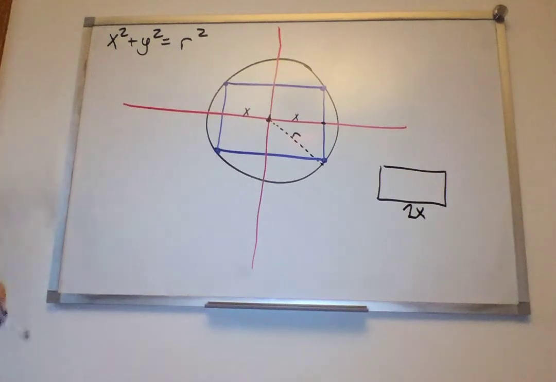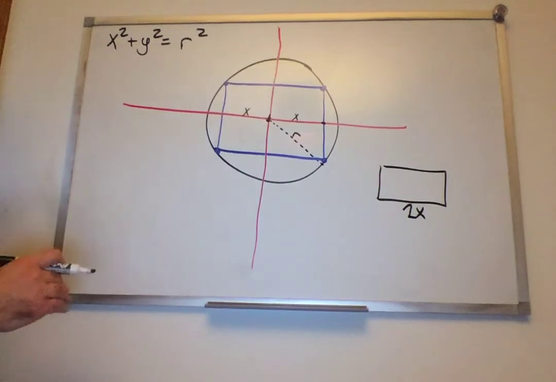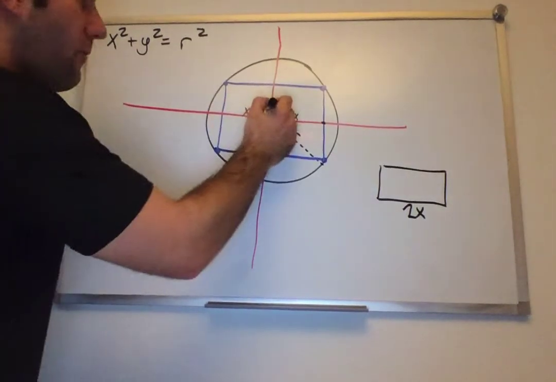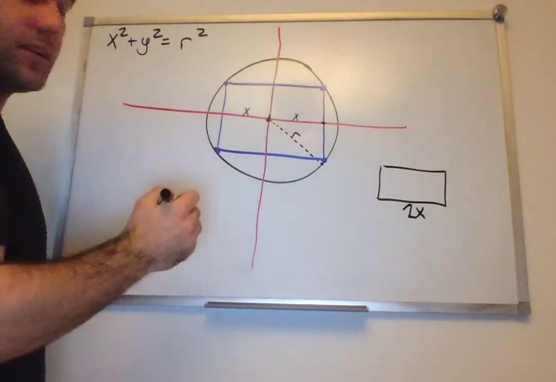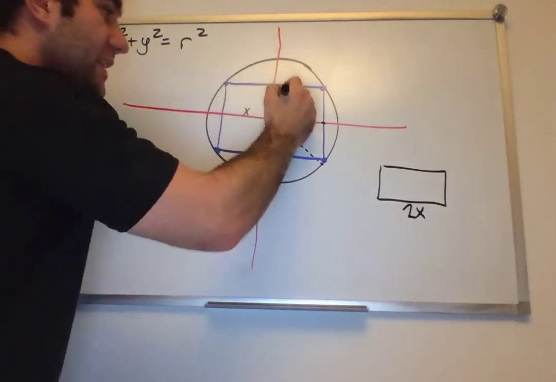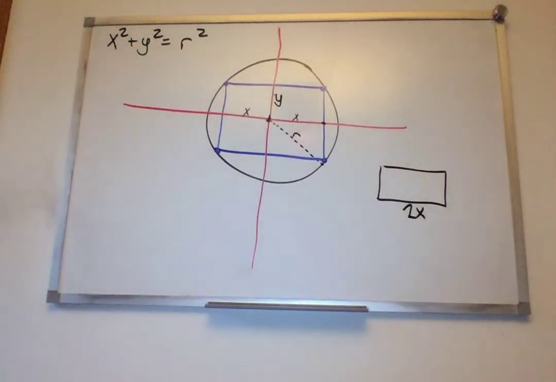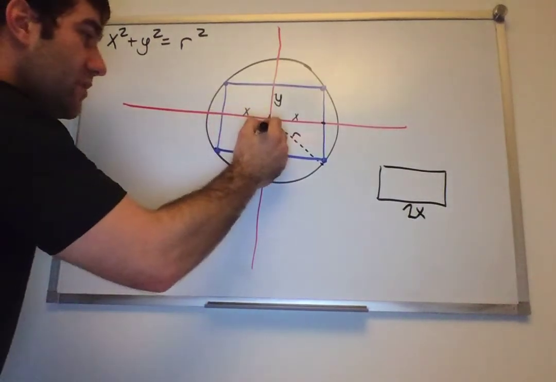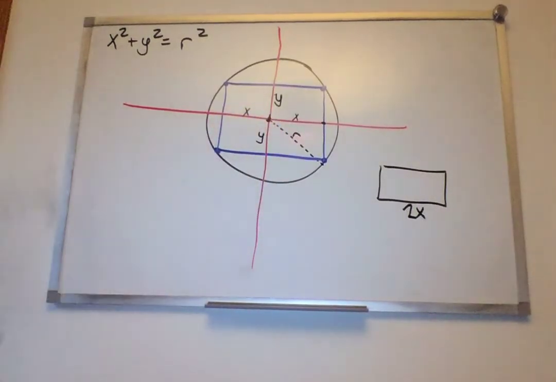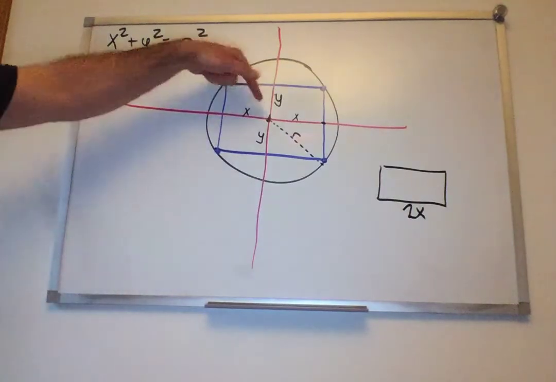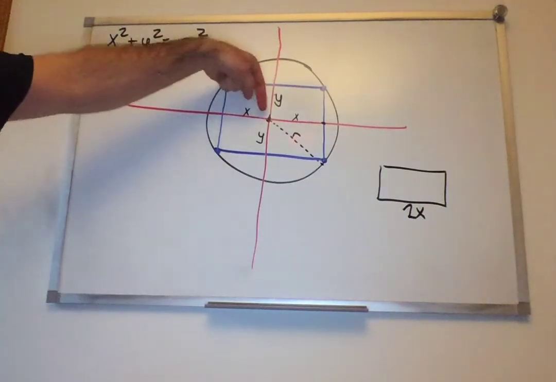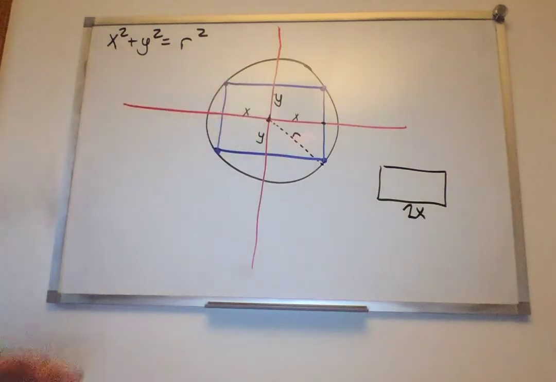Now we could do the same thing for the y direction. We don't know how far this goes up. It goes up some distance. Let's just call it y. And this distance down here is also y, for the same reason that we talked about with x. Yes, we're going in the negative y direction.